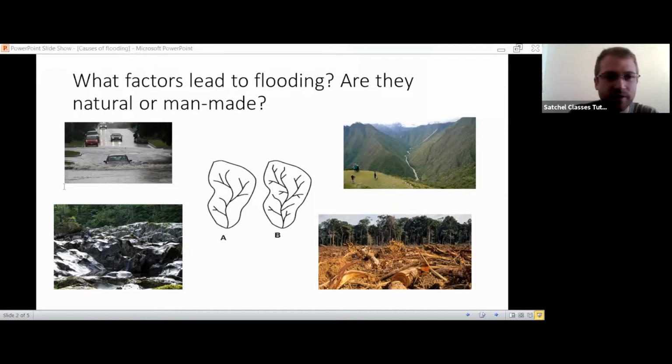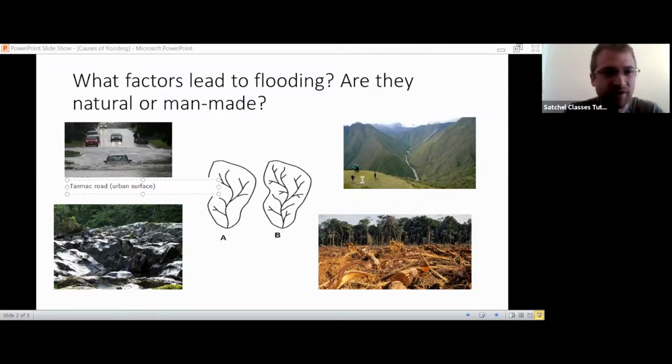So the first image shows a flooded road, and it's that idea of a tarmacked road. I'll link this to an urban surface.